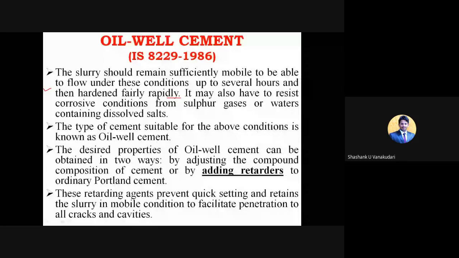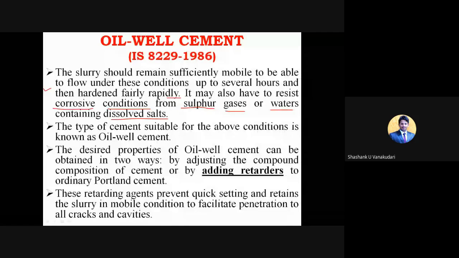Okay, and it must also resist corrosive conditions, because, as you all know, corrosive conditions may arise from sulfur content, either present in the gases or in waters containing dissolved salts.